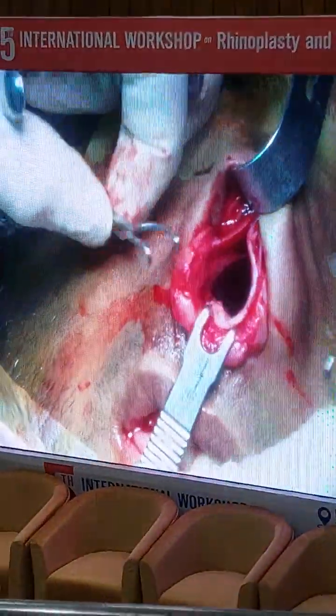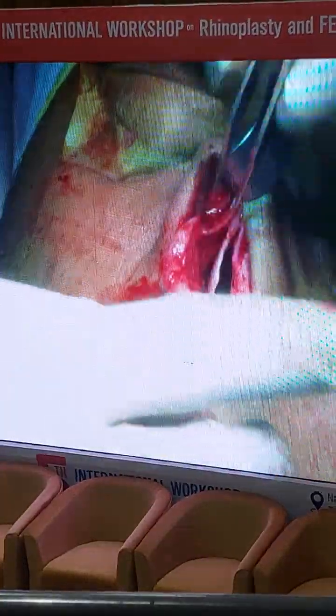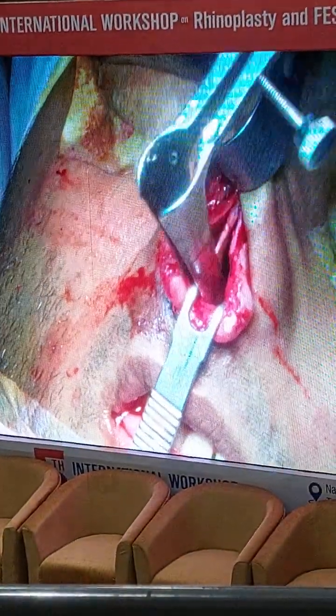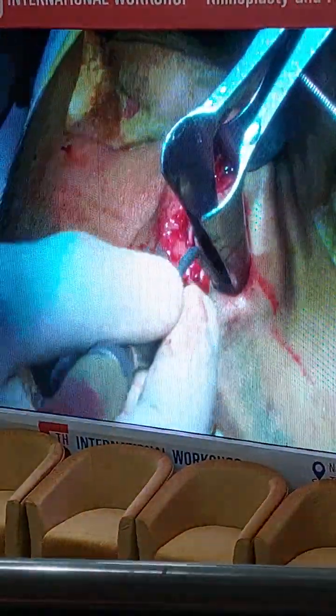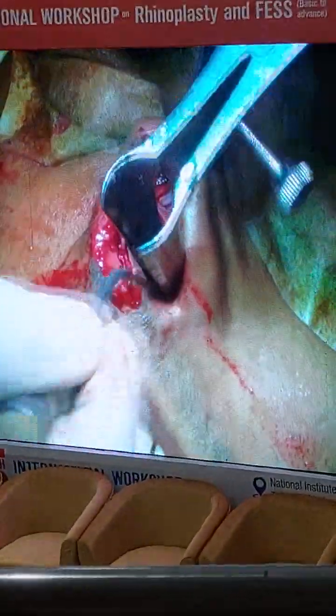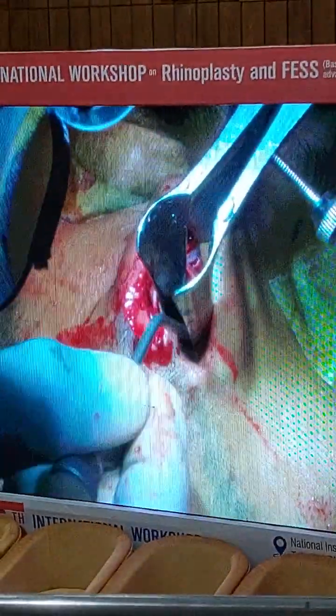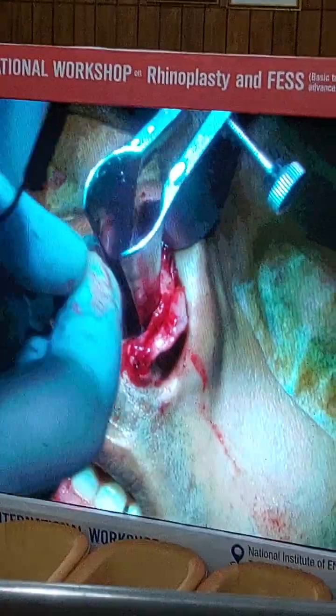Now I check both sides, because the left side is very difficult to negotiate. There's a good result on this side also. On both sides we have a good result.